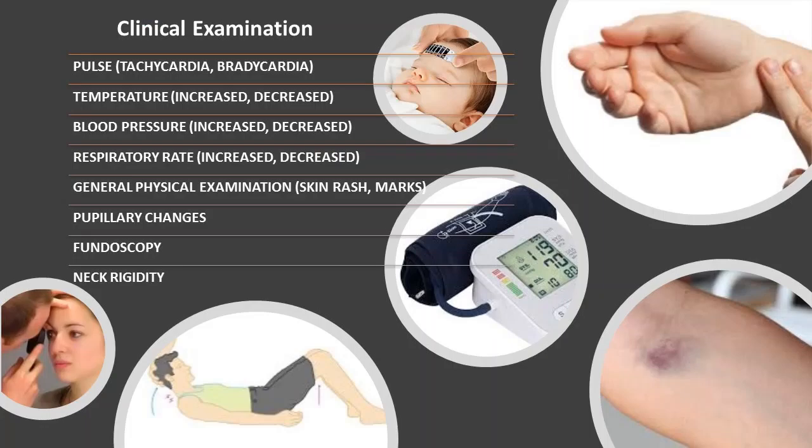General physical examination includes vital signs, evidence of trauma, evidence of acute or chronic systemic illness, evidence of drug injection such as needle marks or alcohol breath, knuckle rigidity, which needs to be examined with care. Blood pressure, if it is increased, the causes may be hypertensive encephalopathy, cerebral hemorrhage, or raised intracranial pressure.